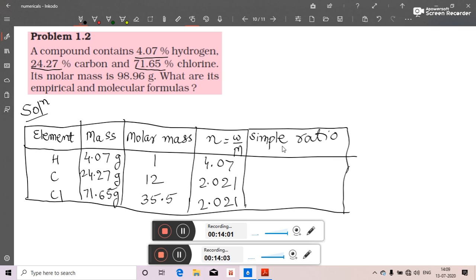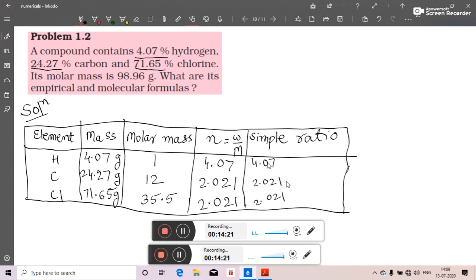Now in simple ratio, we have to see that out of the three number of moles, which is the smallest number. So 2.021 is the smallest number. So that number we have to divide by all the three. So 4.07, 2.021, 2.021 is already there.